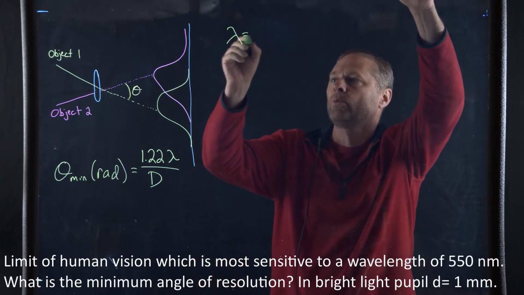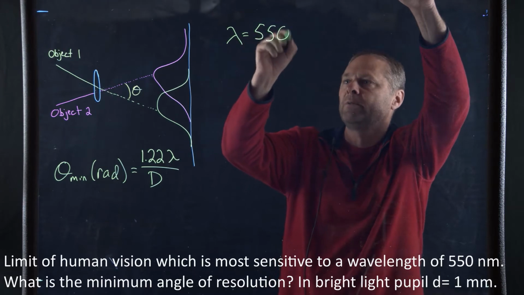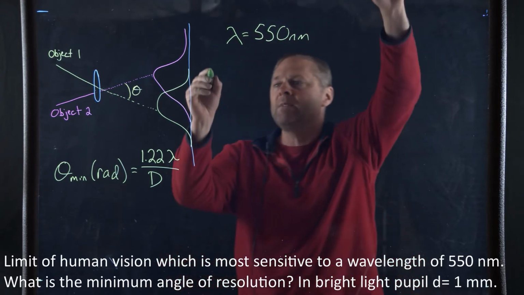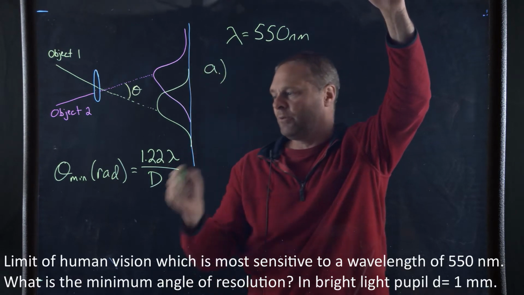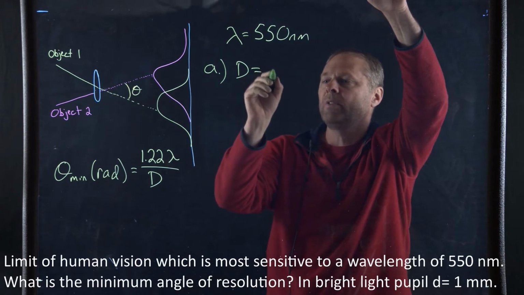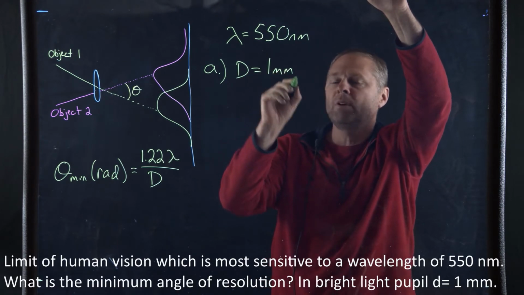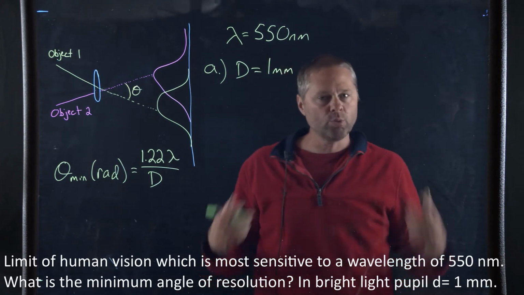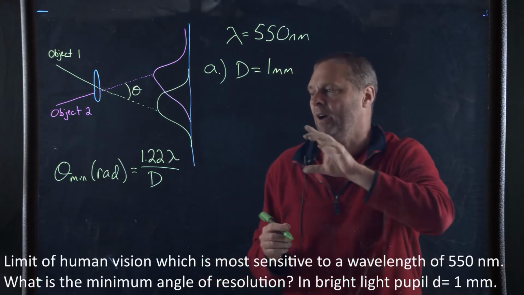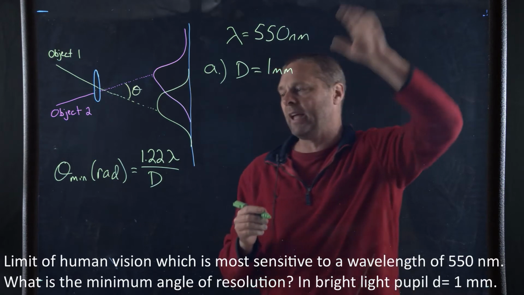So the wavelength we're going to be looking at is 550 nanometers. Now, in A, we want to find theta min when the diameter of the pupil is 1 millimeter. That's going to be when it's really bright out and the pupil is really, really small. So we want to find what the minimum angle for that is.